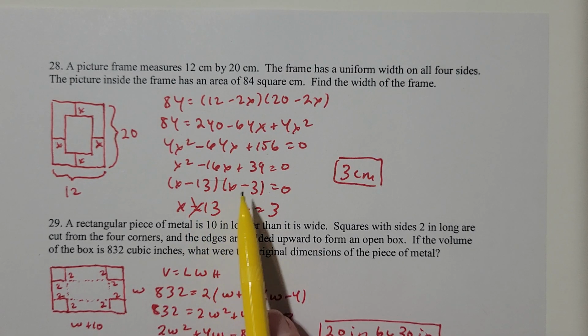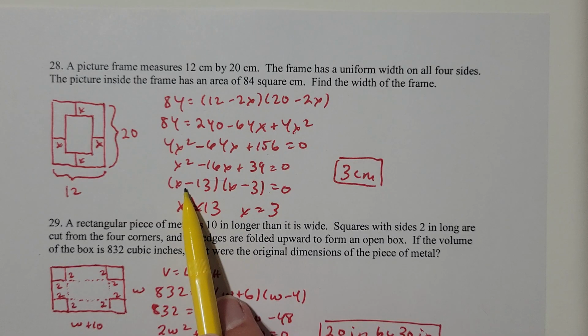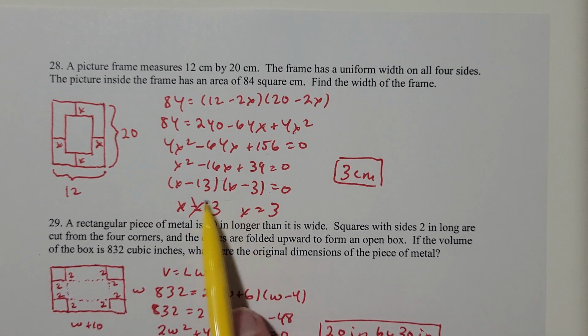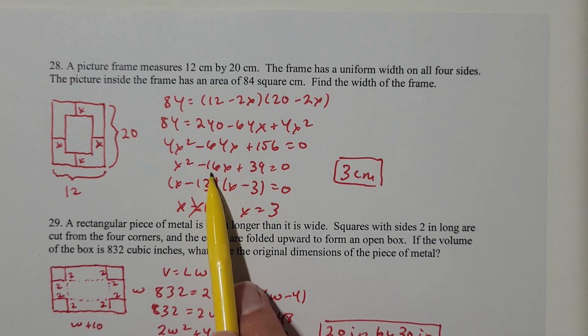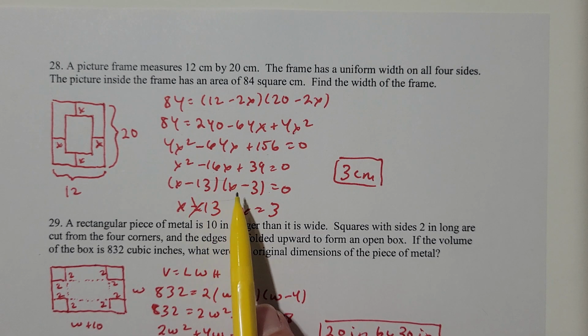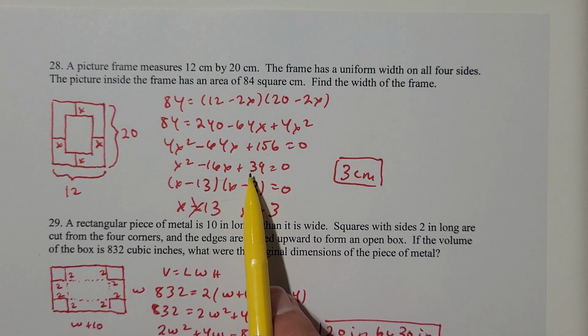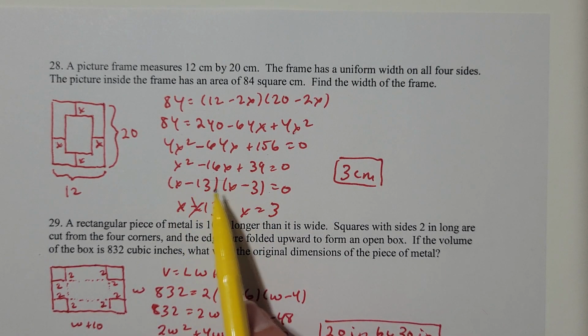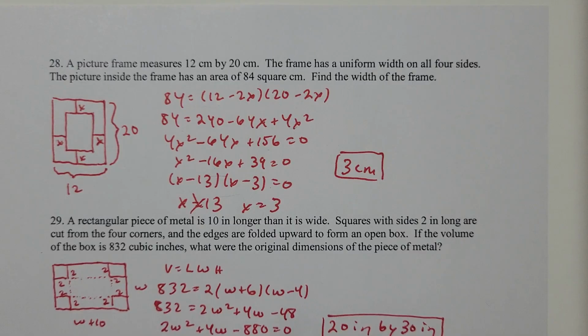So x times x is x squared. Negative 3x minus 13x, that'd be negative 16x in the middle. Negative 13 times negative 3 is 39 at the end. So that's factored correctly there.